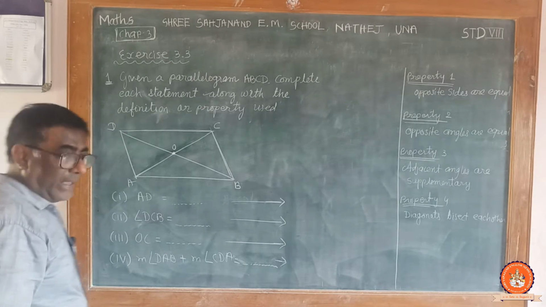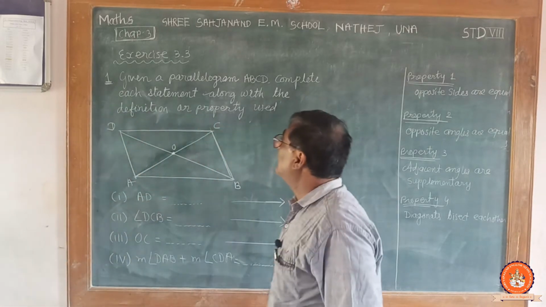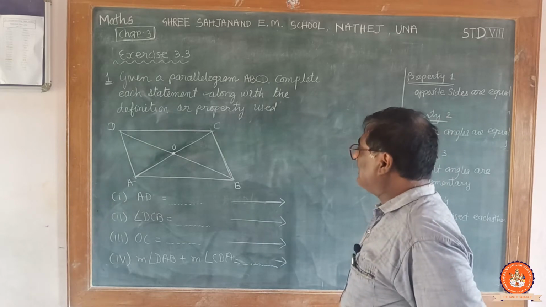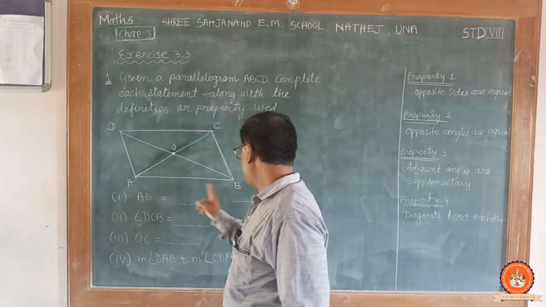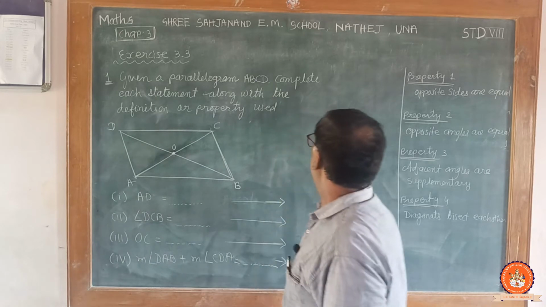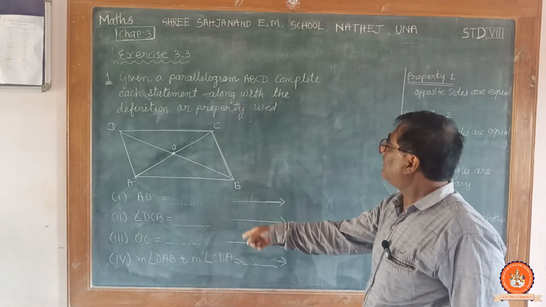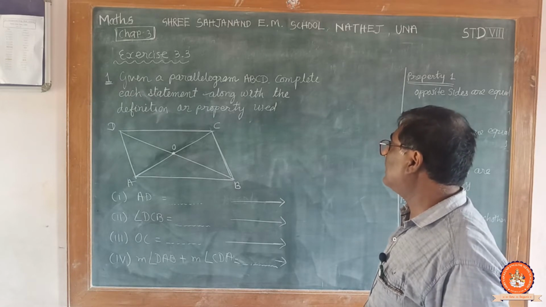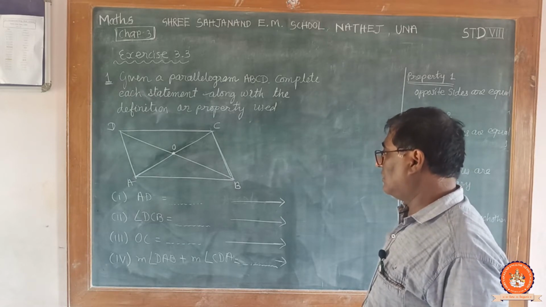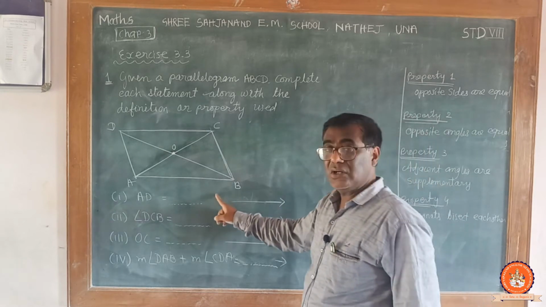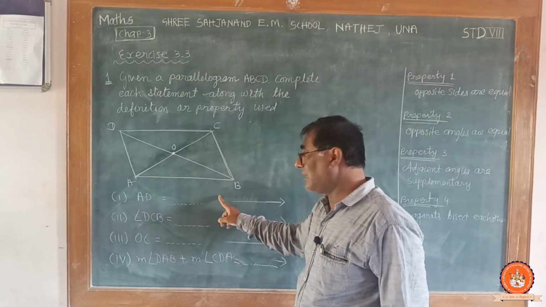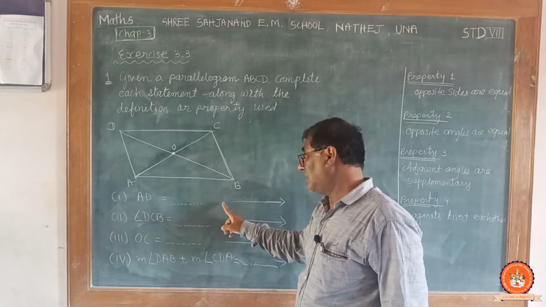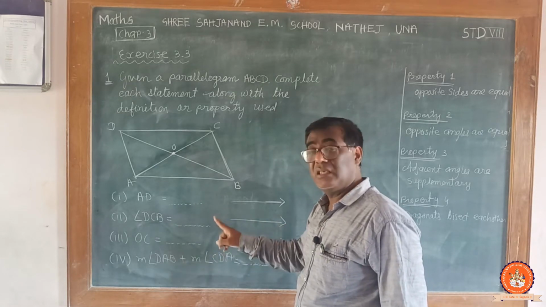Now exercise 3.3, question number 1: given a parallelogram ABCD, complete each statement along with the definition or property used. हमें ये आंसर भी लिखना है, और ये आंसर हम किस प्रॉपर्टी का यूज़ करके दे रहे हैं ये भी हमें बताना है.